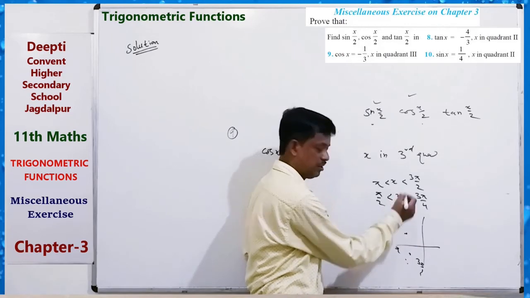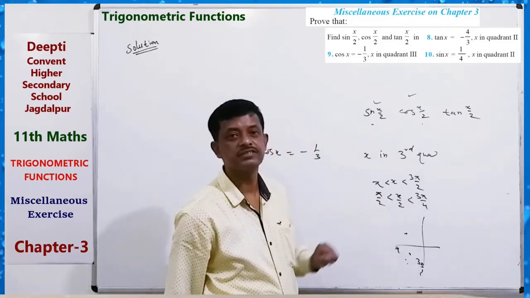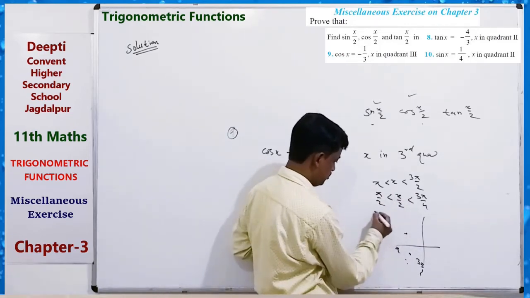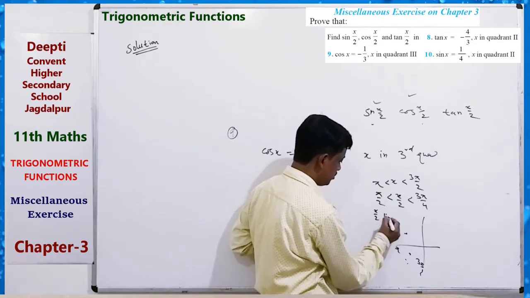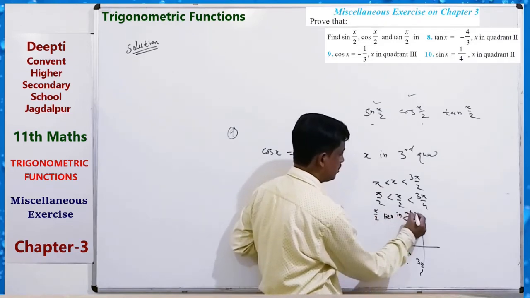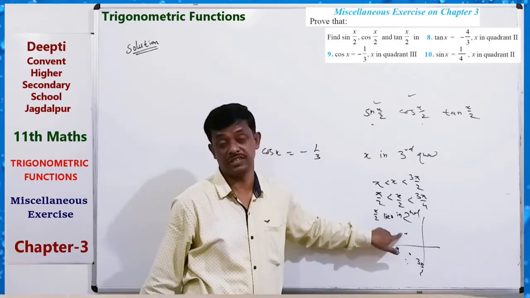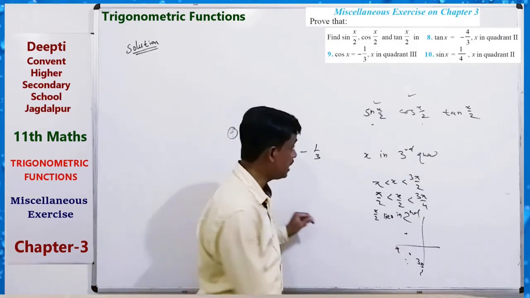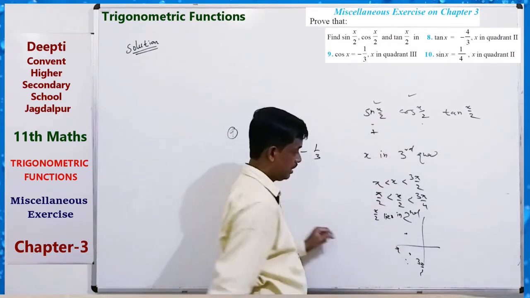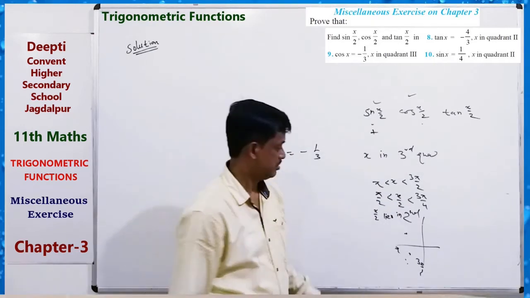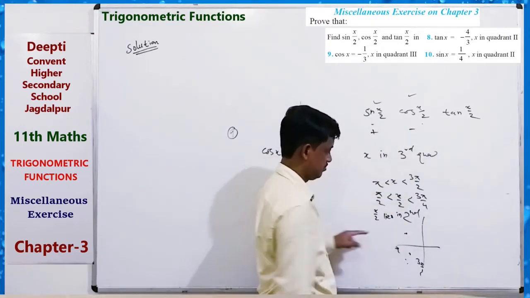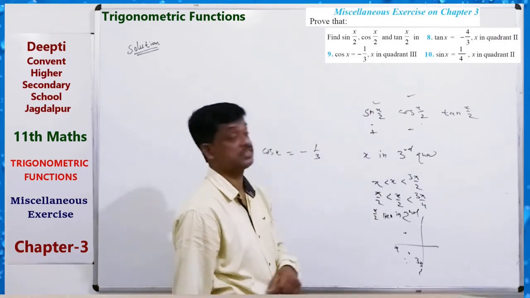This is the second quadrant, so x by 2 lies in the second quadrant. So here sin x by 2 is positive and cos x by 2 is negative.